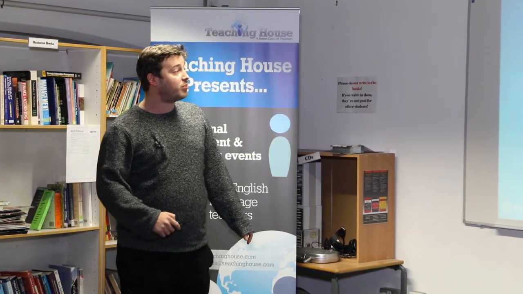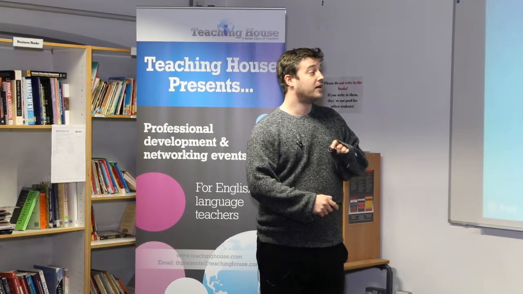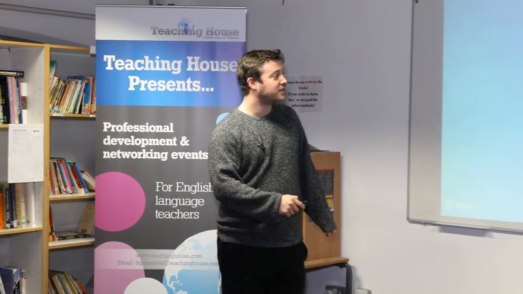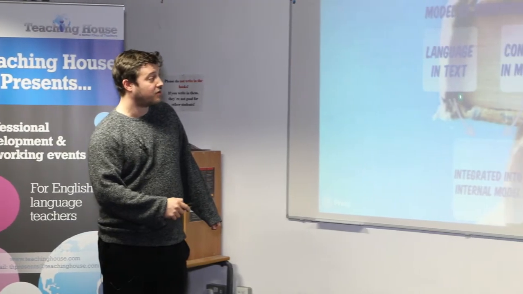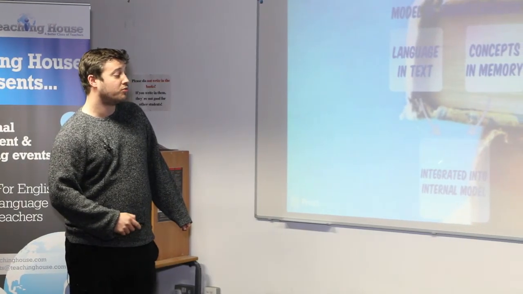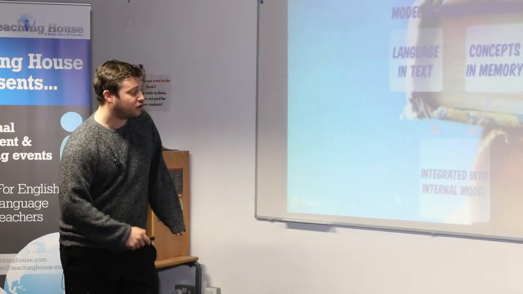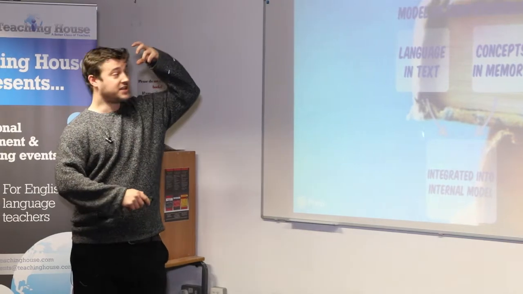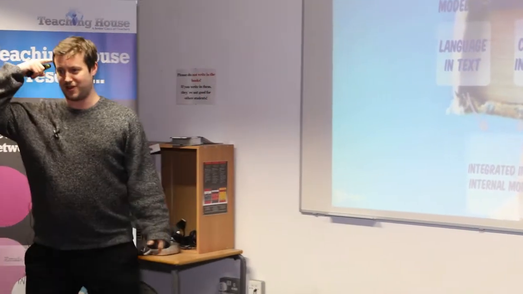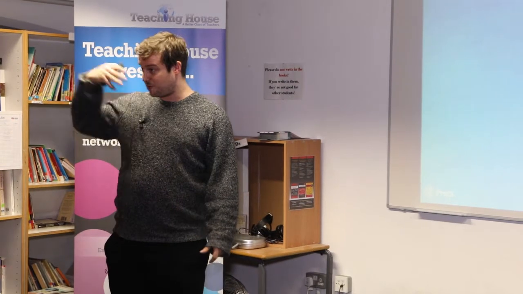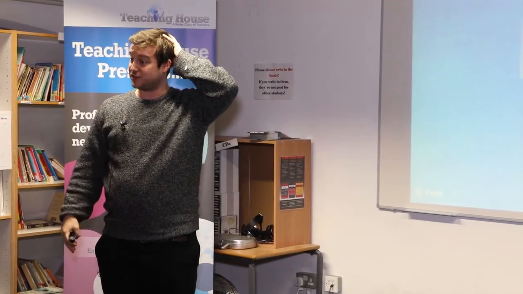I just want to make the point that Rost is making, that the difficult part is that the language in the text comes in, and then it's integrated into your model, but your model of the text is then part of the concepts in your memory. Does that make sense? As soon as you hear it, it's in your mind, something you know about the world.